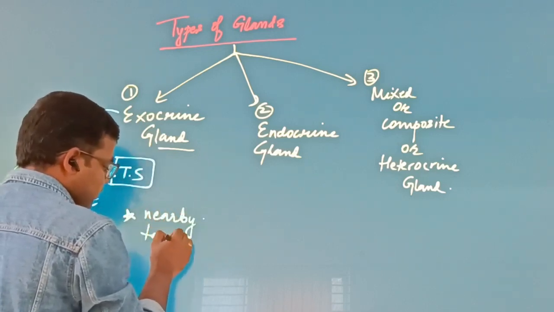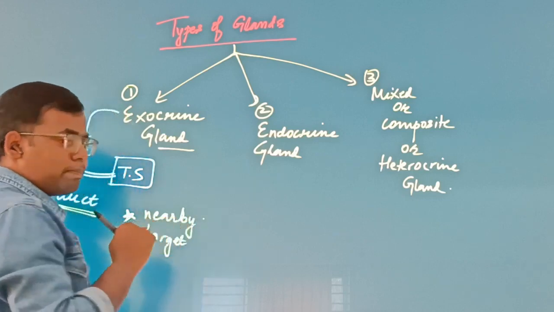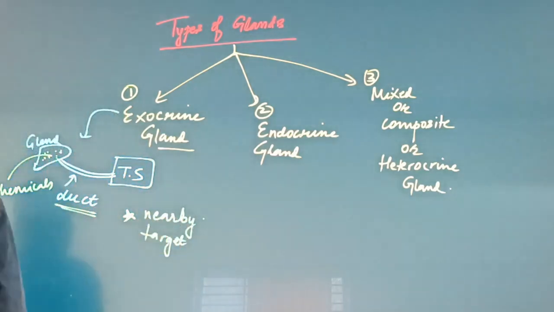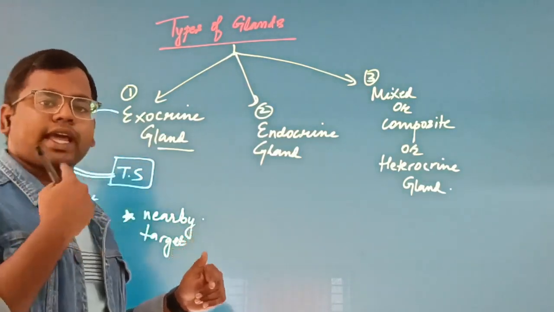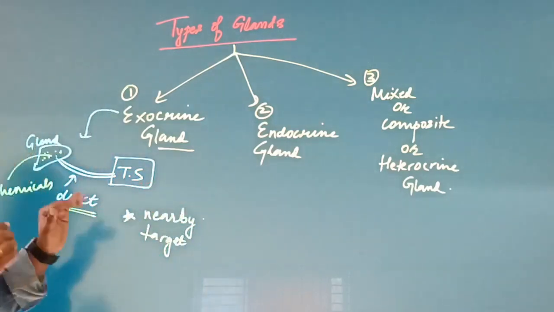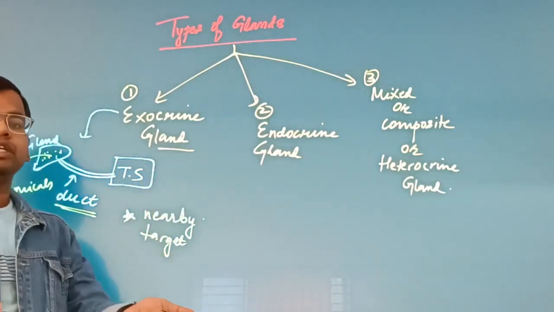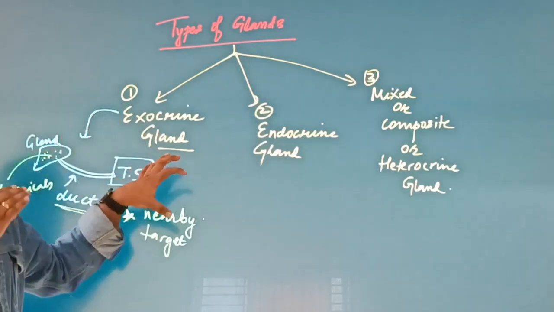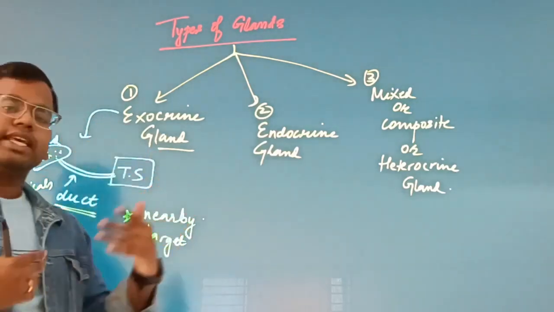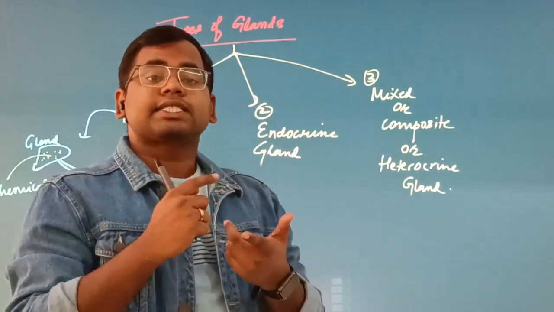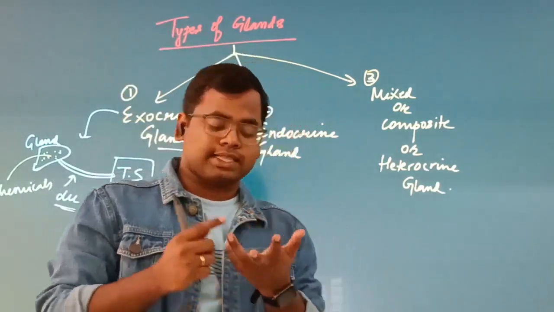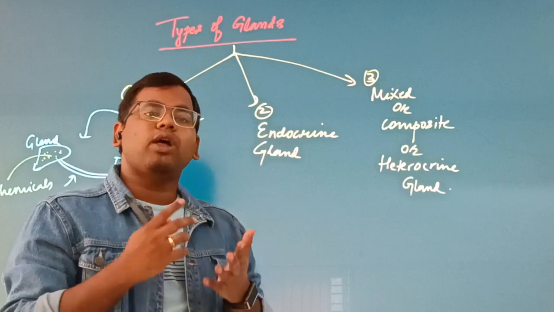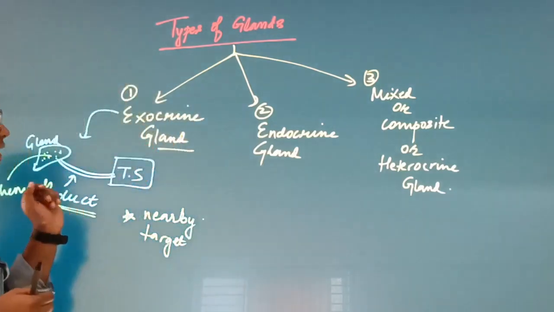Nearby target is there. For example, let's take an example, salivary gland. Salivary gland is there in our oral cavity, and it secretes the saliva into the oral cavity itself. It means the gland and the target site are very nearby. Not only that, let's take more examples, students. The sweat glands, sebaceous glands, and your gastric glands, all of these are examples of exocrine gland.